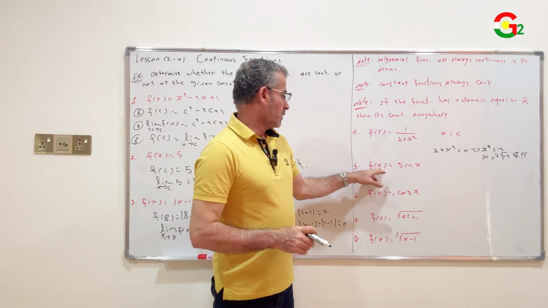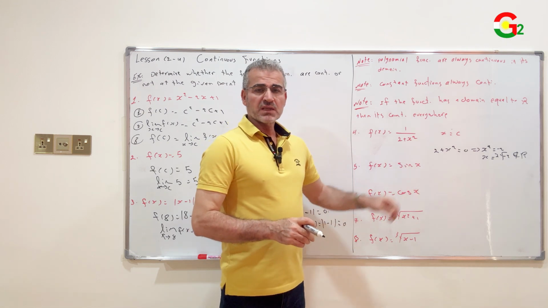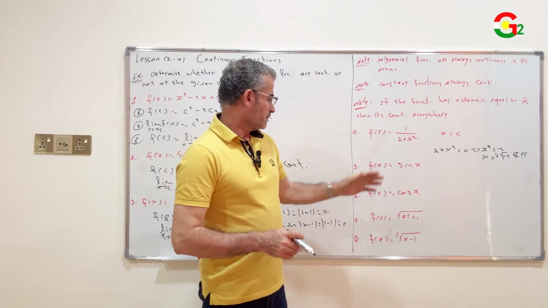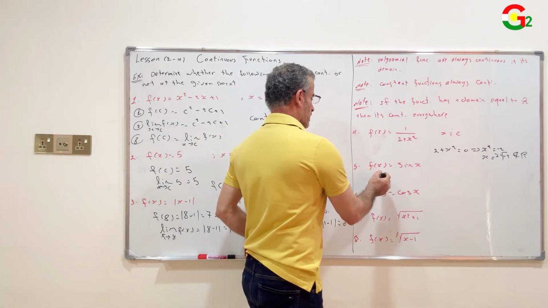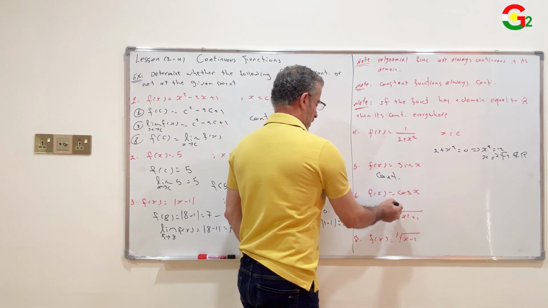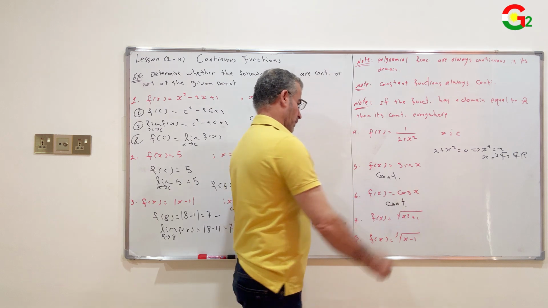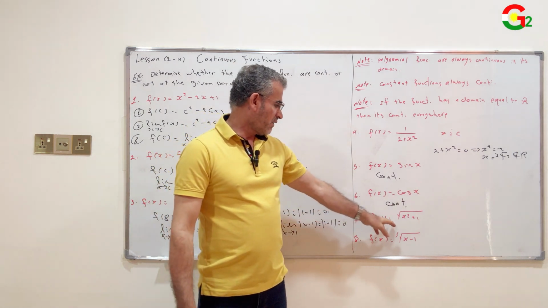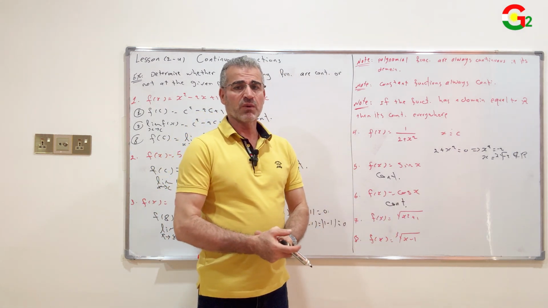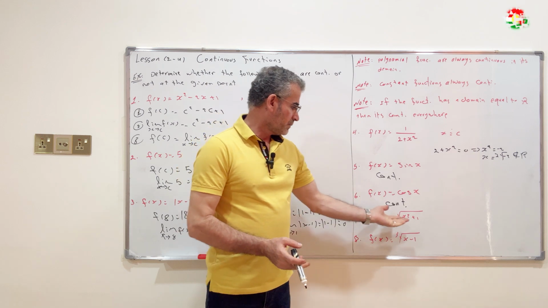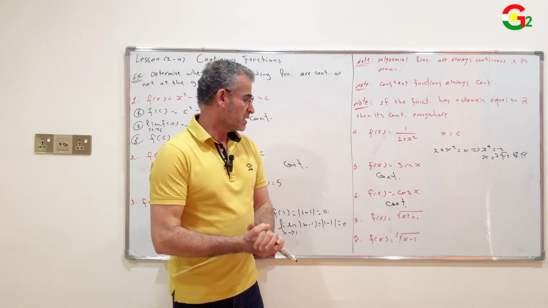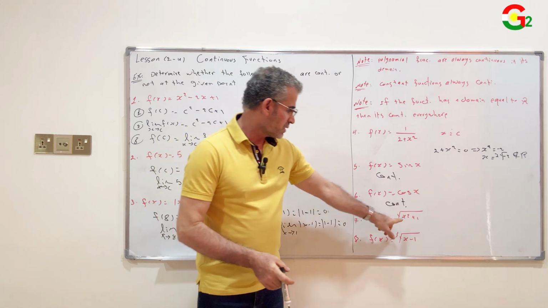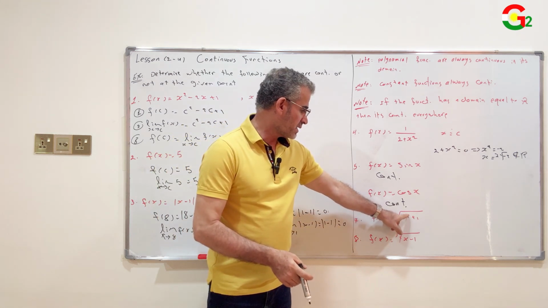Also, f of x equals sine x. Since the domain of sine and cosine is all real numbers, these functions are continuous everywhere. Number 7, f of x equals the square root of x to the power 2 plus 1. The domain of this function is all real numbers because I have x squared here.